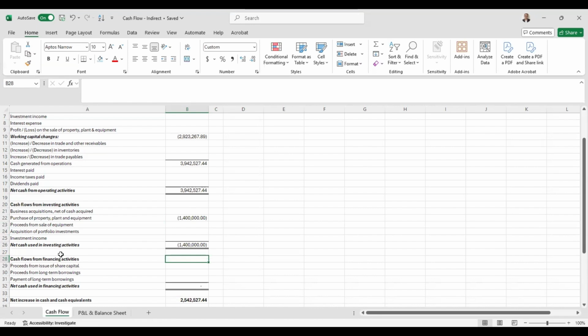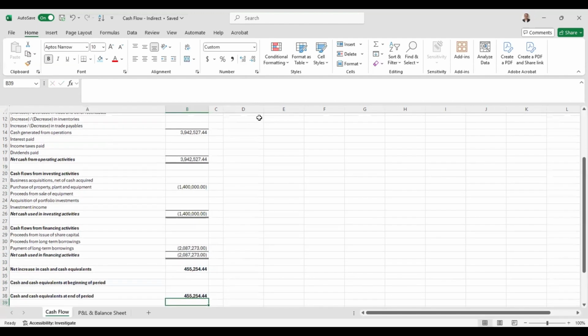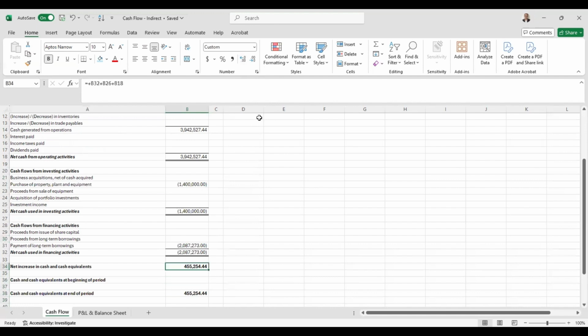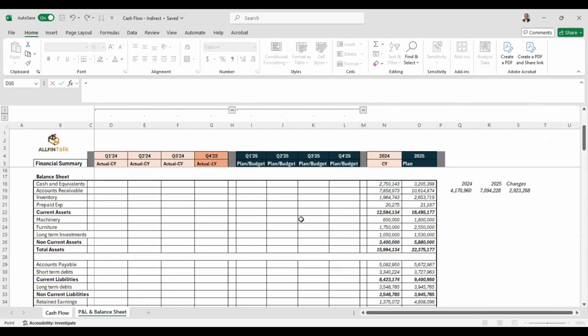I'll now come to cash flow from financing activities. I have to assume that I have paid a long-term borrowing of around 2 million. This is my net increase in cash or cash equivalent, and then I would just add the cash from the beginning of the period. I would again go back and take the cash of the beginning of the period.